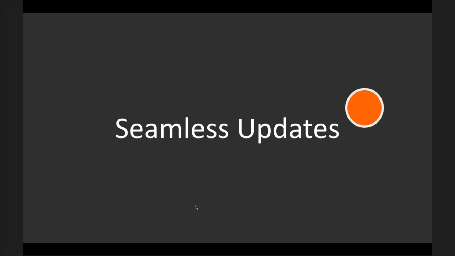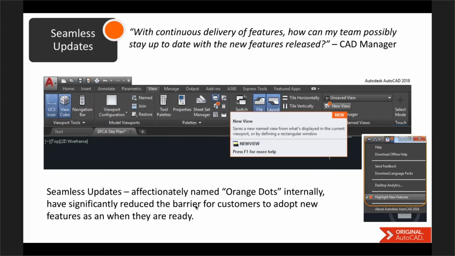One thing I want to mention is that we do these things called seamless updates now. When we first changed over this business model, our big hurdle was that we were hearing CAD managers say, with continuous delivery of features, how can my team possibly stay up to date with the new features released? So we created these orange dots, seamless updates for customers, to show that when we add a new feature, we highlight it in the ribbon so that you can hover over it and see a tooltip.